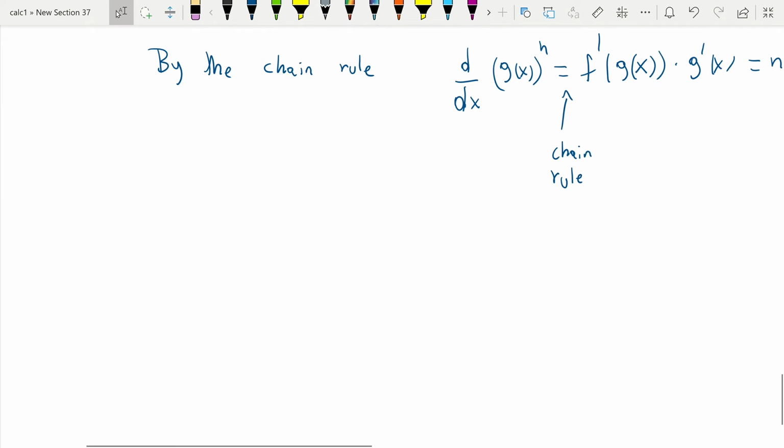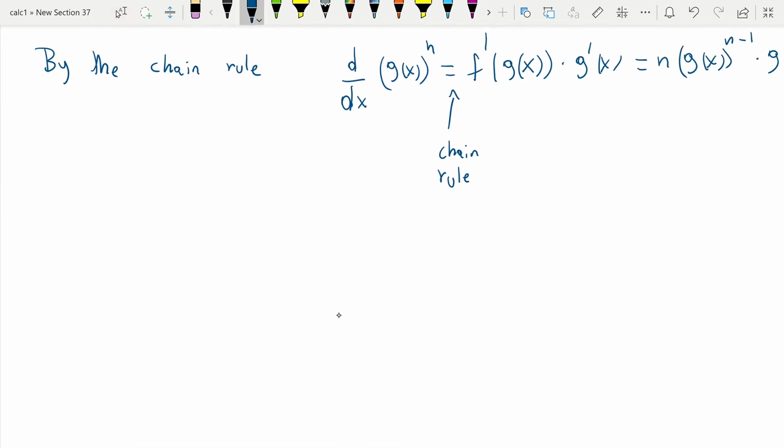Okay, what about the second part? The second special case of the chain rule. e to the g of x is another composite function, a function of the form h evaluated at g of x.